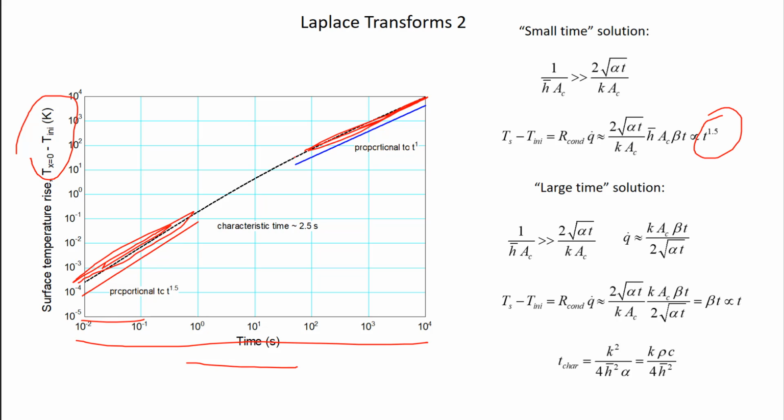And then eventually 1 decade here gives you 1 decade of temperature rise, which is kind of what we thought would happen, right? And if you calculate the characteristic time for the inputs that I put in, it's around 2 seconds. And sure enough, if you're much less than 2 seconds, you're in the short time regime. If you're much greater than 2 seconds, you're in the long time regime. So there's this region here where you're transitioning from one to another.